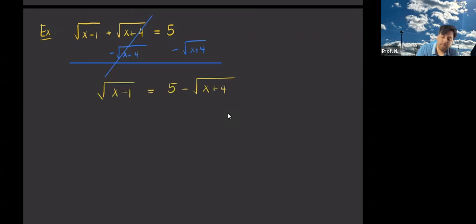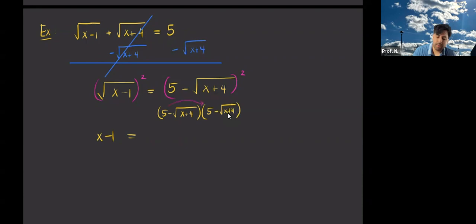I must square both sides because I want to get rid of the radical on the left side first, and I get x minus 1 on the left side, but I have to be careful here because I'm taking the square of 5 minus the square root of x plus 4. So what do we do?